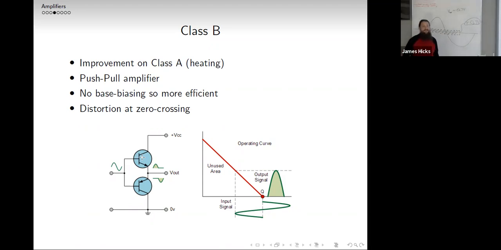So how do we fix that? That's the class AB amplifier. The class AB is really, really cool. It takes some of both of these, A and B, the best of each, and puts them together.